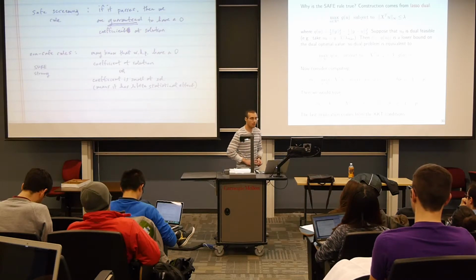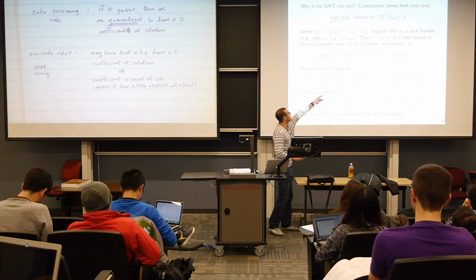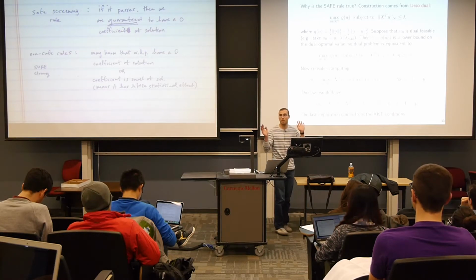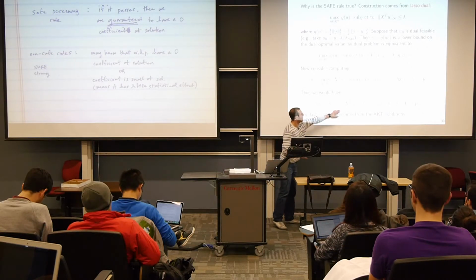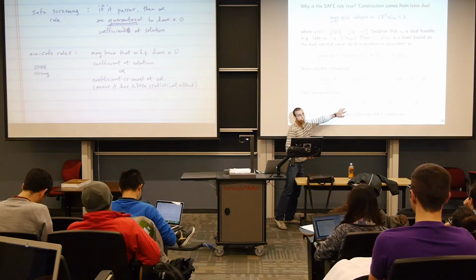Because I've thrown away the criterion, and I've asked myself, what's the very biggest I can make x1 transpose u, regardless of the criterion, over the constraint set? And if the answer was at most lambda over 2, then the same thing has to be true at the solution.